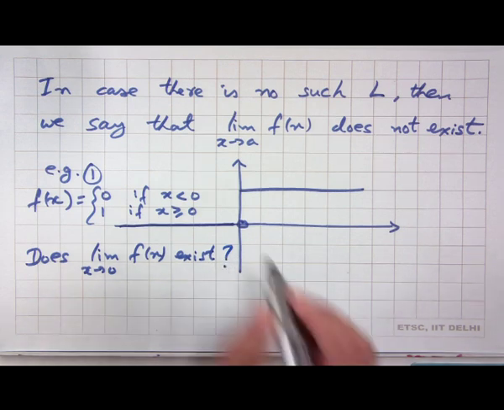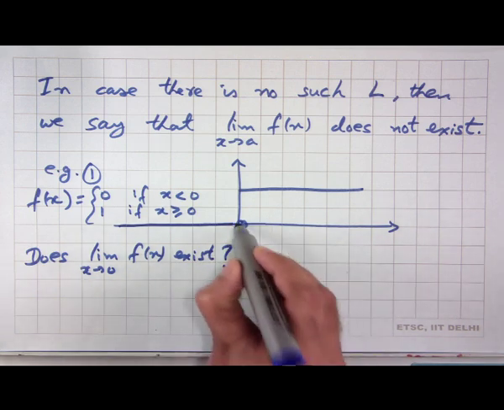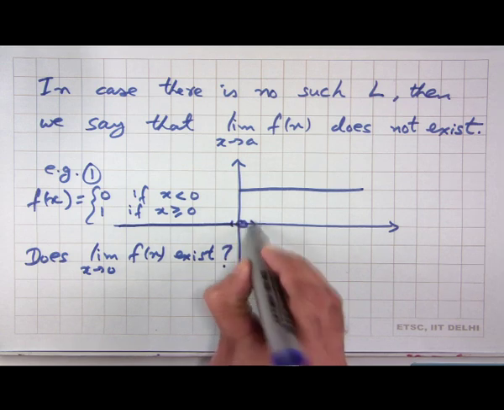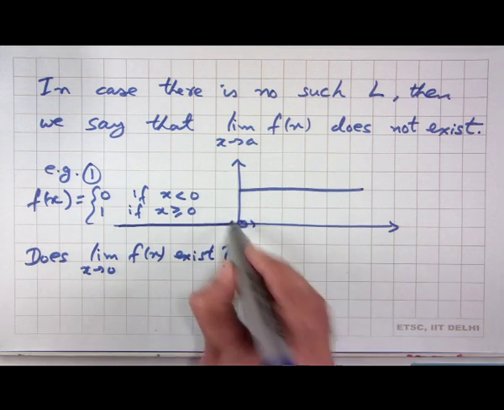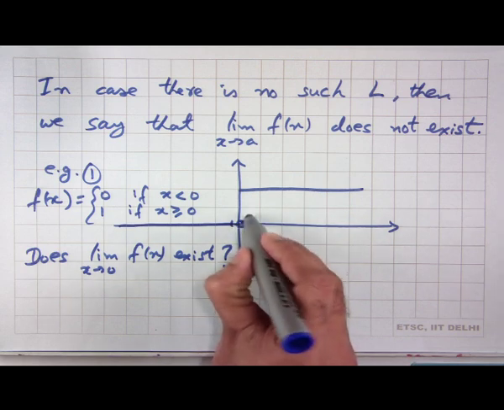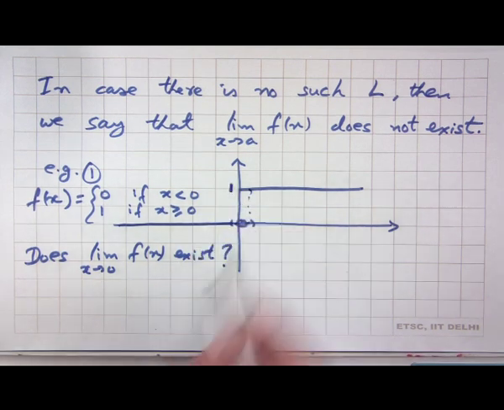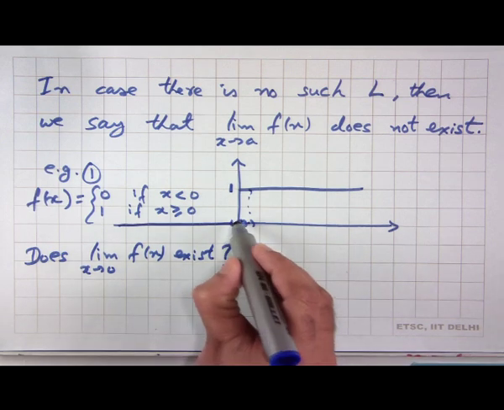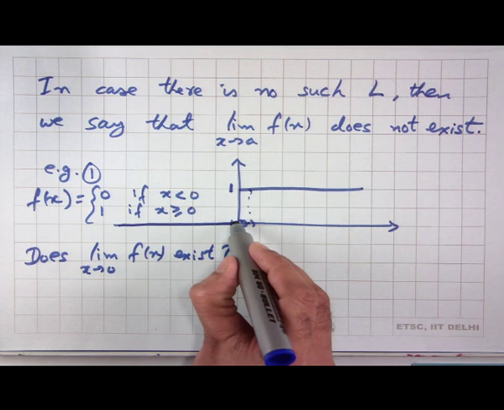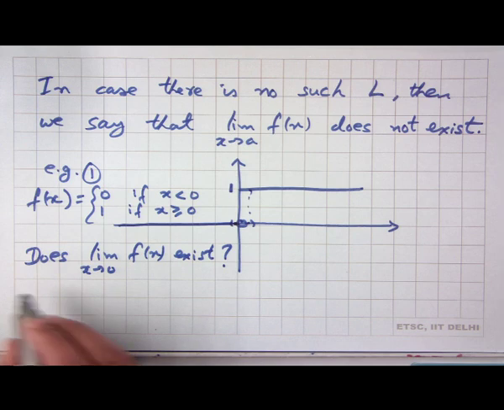In this case, if I take my x in any interval containing 0, then for positive x the value of f of x is 1, and for any negative x, no matter how small, it is equal to 0. So, in this case the answer is no.